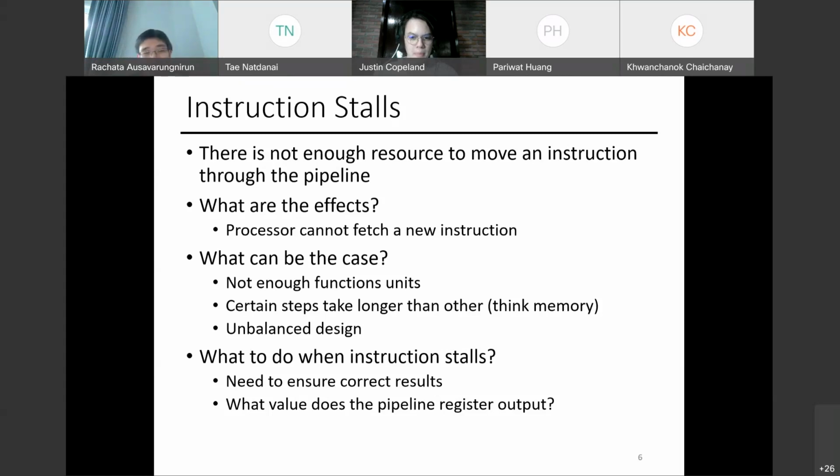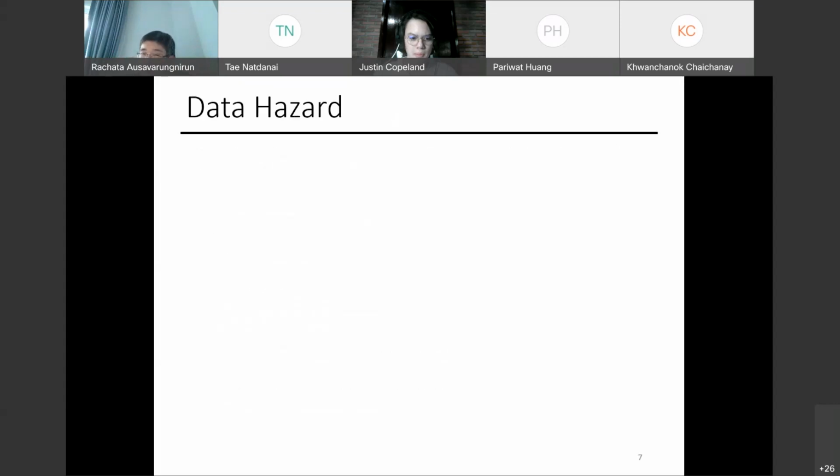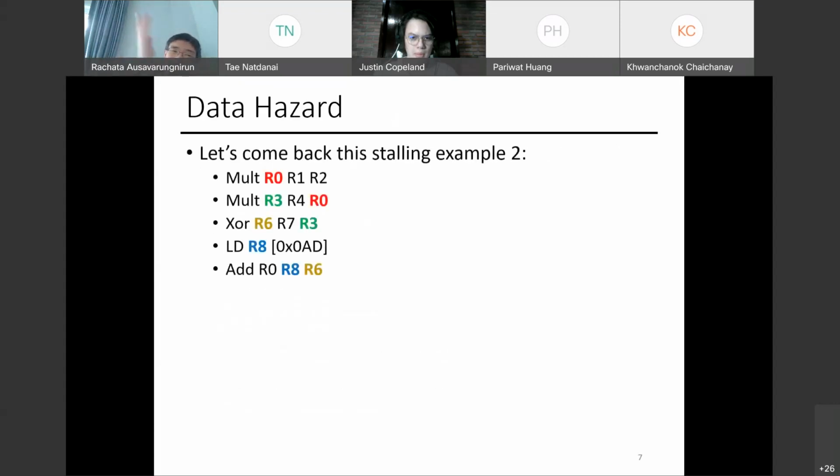All right, so now we take over, we covered the topic instruction stall. Another recap is data hazard, right? We showed this code before. What are the common things in this code is you have data dependency. The first multiply generates R0 required for the second multiply, which generates R3 required for the third instruction.